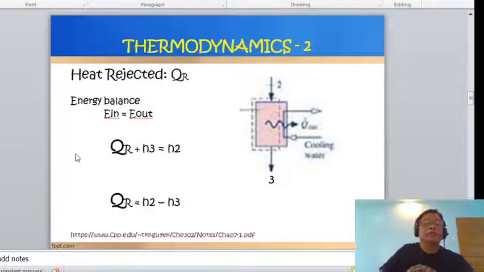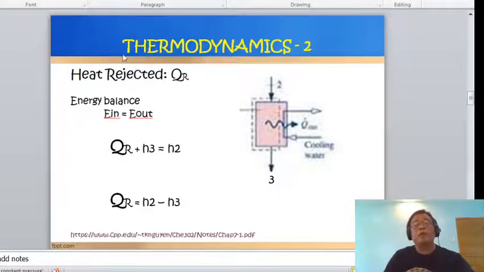So take note, class, that the enthalpy here at point 2 is equal to the enthalpy of the leaving steam in the turbine. Okay, how are you going to determine that, class? Take note that the process inside the turbine is isentropic.